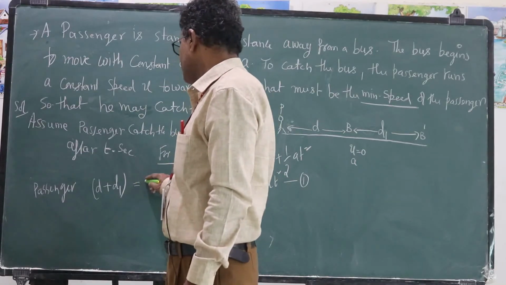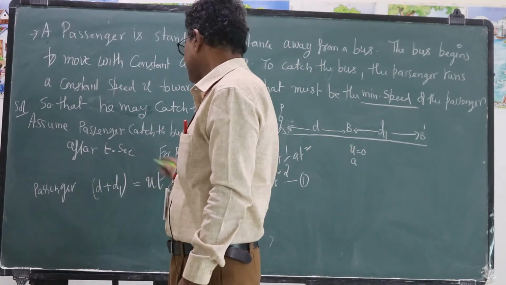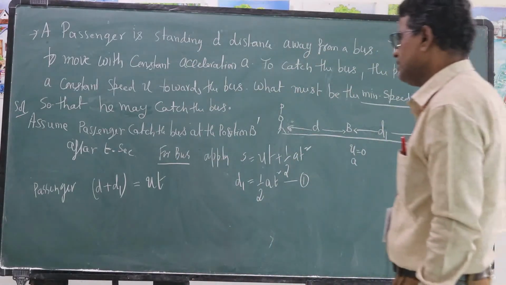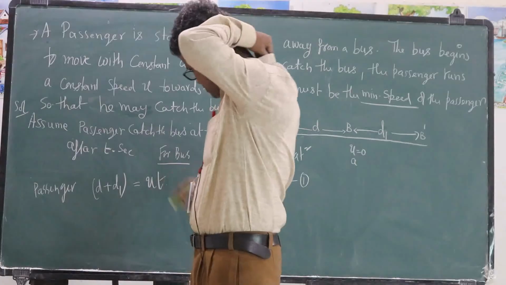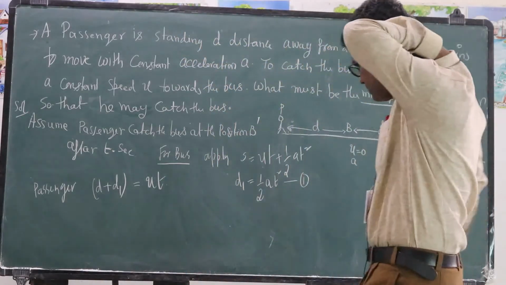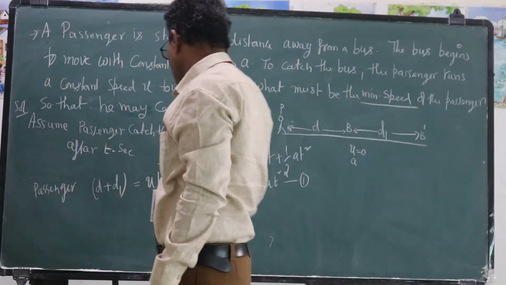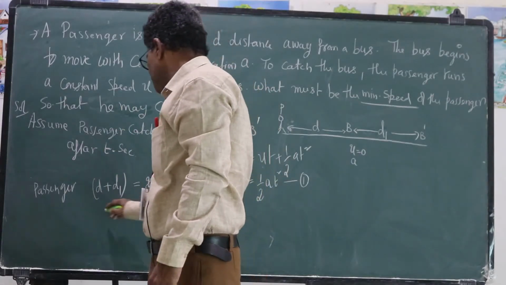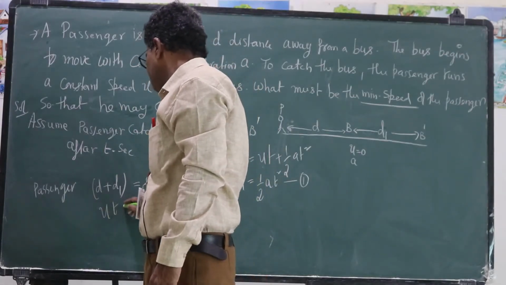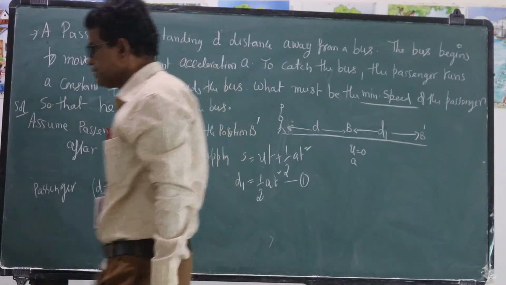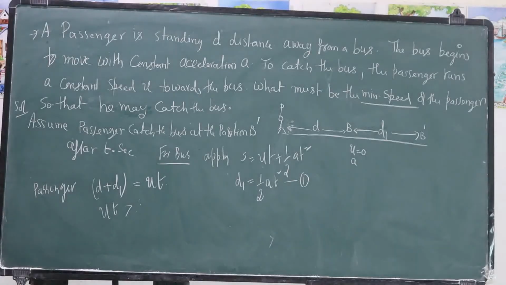Distance traveled is speed into time. So in order to catch the bus, the distance ut traveled by the passenger should be greater than or equal to the distance traveled in that time.